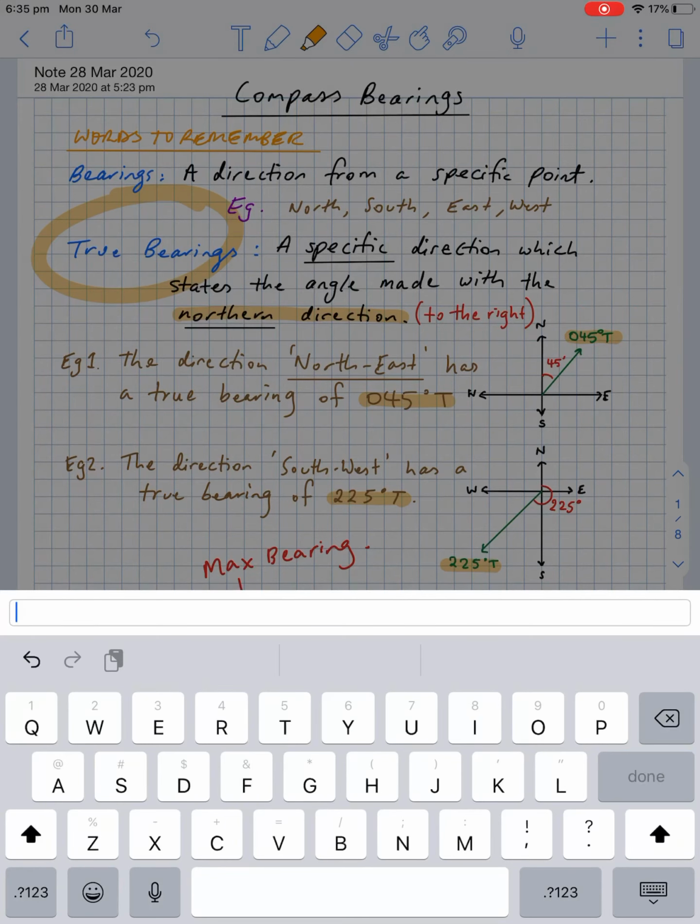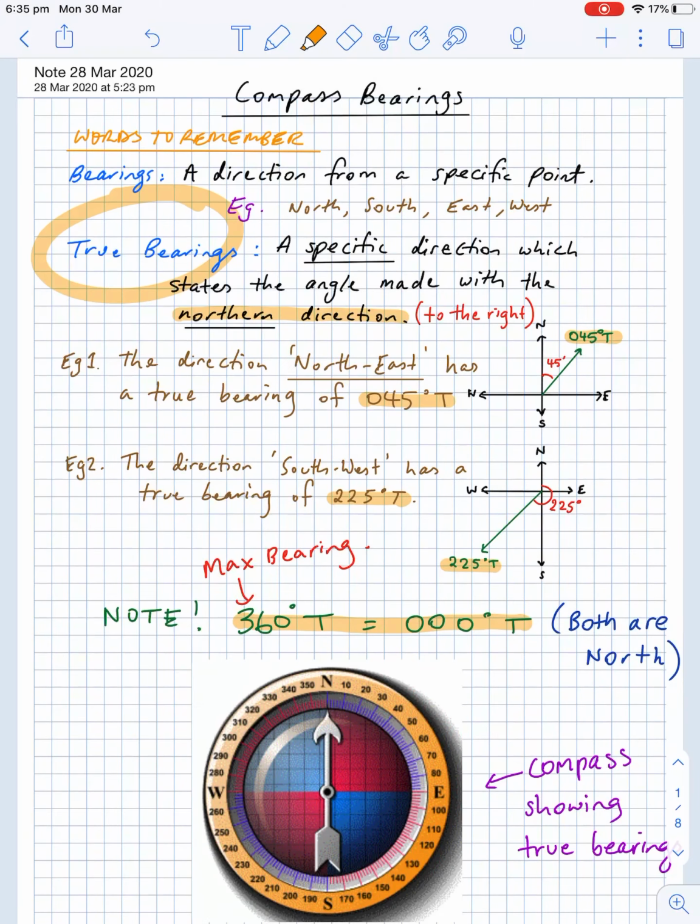So, sorry guys. Example 2, the southwestern direction. That's down here. For this direction, we've got to think, what's the angle made with the northern line going to the right? It's this angle here, which equals 225. The reason it's 225 is because this angle in here is 45 degrees. It's smack bang between south and west.